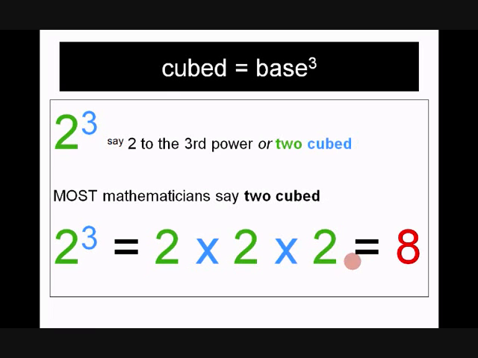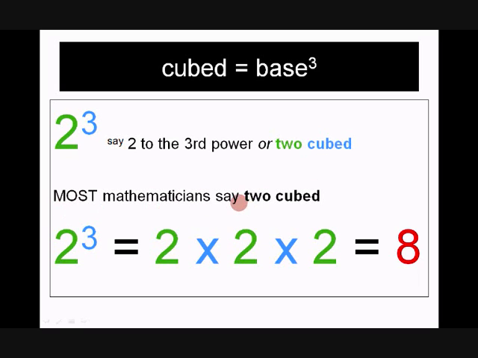Okay. So what is called cubed? Cubed equals base to the power 3. That is 2 to the 3rd power. We say it as 2 to the 3rd power, or we call it 2 cubed. Repeat after me, 2 cubed.